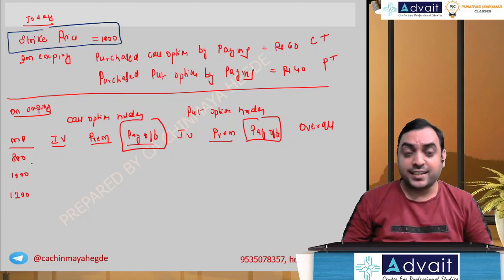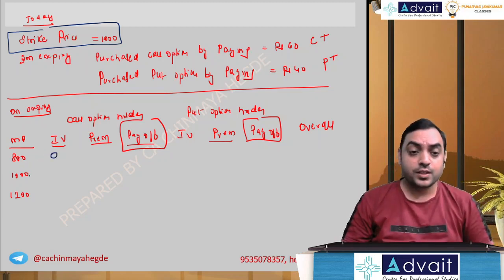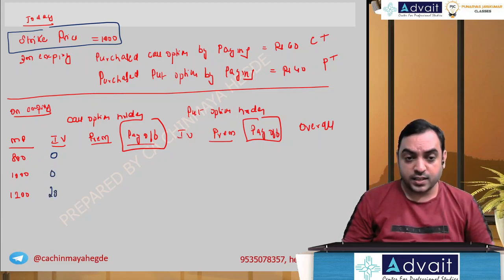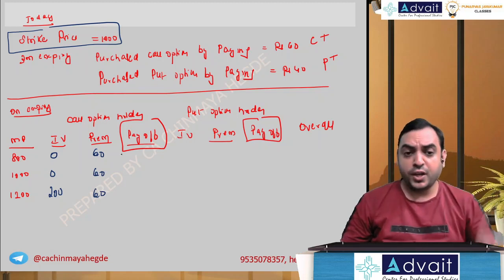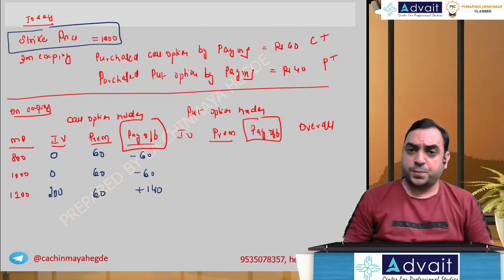So when the market price is 800, option not exercised, you are a holder: 0 intrinsic value. At 1000, 0. At 1200, you will get intrinsic value of 200 rupees. Premium, you already paid 60 rupees in each case. Payoff: 0 minus 60 is minus 60, minus 60, and plus 140. That completes the call option holder position.